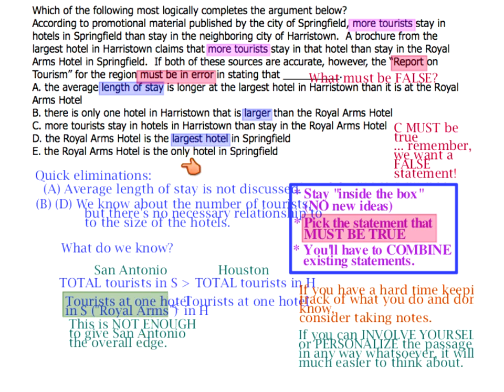If it's just the Royal Arms, then you don't even have enough tourists to beat this one hotel that's in Houston, much less the entire city of Houston. So you definitely need more places for tourists to stay if you want there to be more tourists in San Antonio. So E is false.